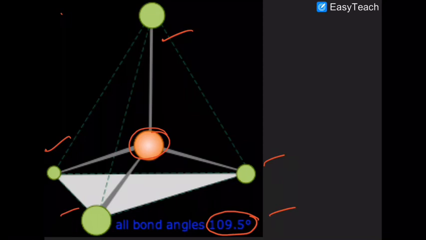A bond angle will change due to the presence of a lone pair, or a multiple bond, or an atom of different electronegativity. I am repeating once more: the bond angle changes due to a lone pair, a multiple bond, that is a pi bond, or an atom of different electronegativity.